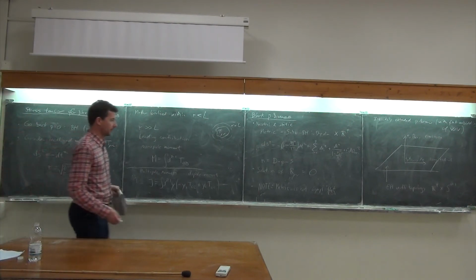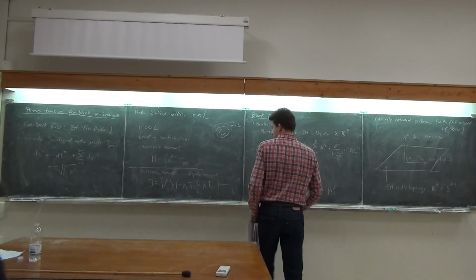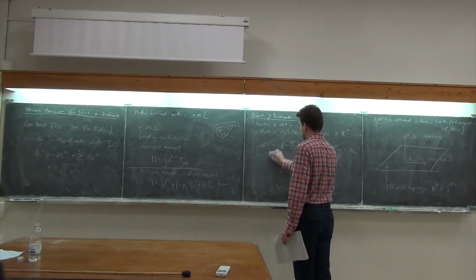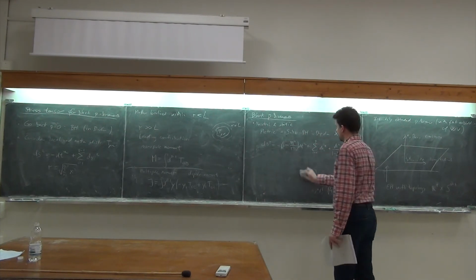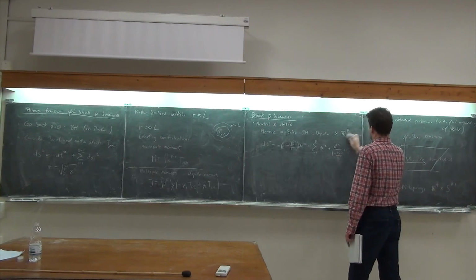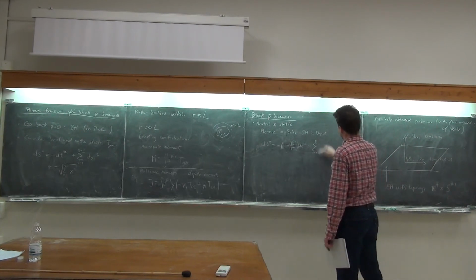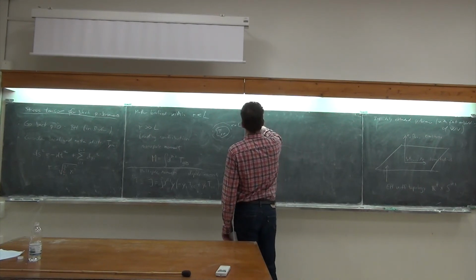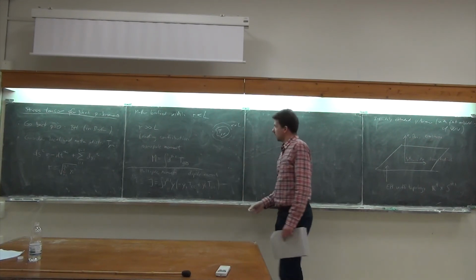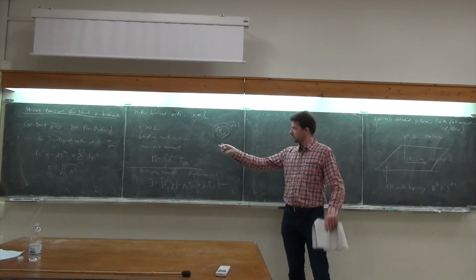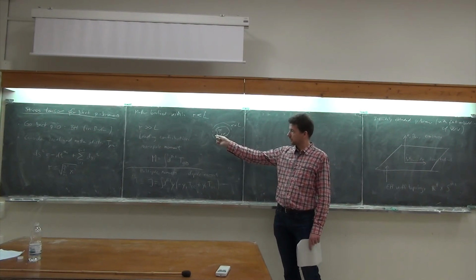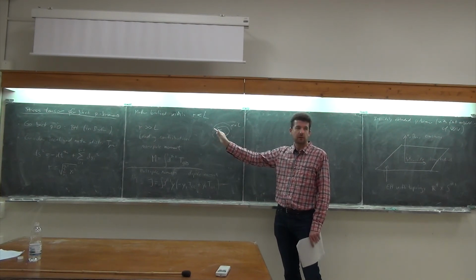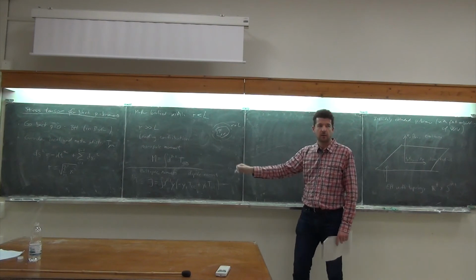And what this means is that if we want to have a rough description of this matter distribution, just to leading order, we can simplify it to only contain the monopole moment.